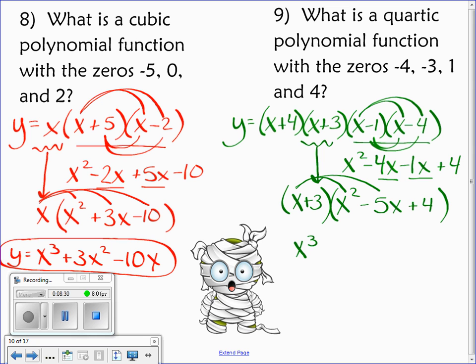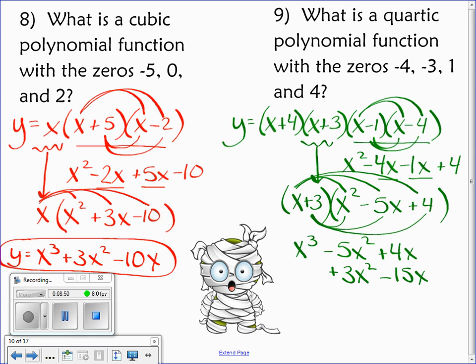X times negative 5x. Negative 5x squared. X times 4. 3 times x squared. 3 times negative 5x. 3 times 4. 12.